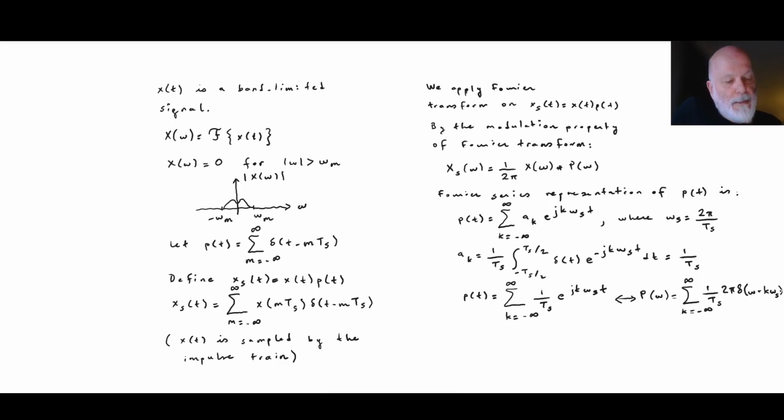Okay. Therefore, Xs of omega is equal to, 2 pi's will cancel out. So we have X of omega convolved with the sum over k from minus infinity to plus infinity of 1 over Ts delta of omega minus k omega s.